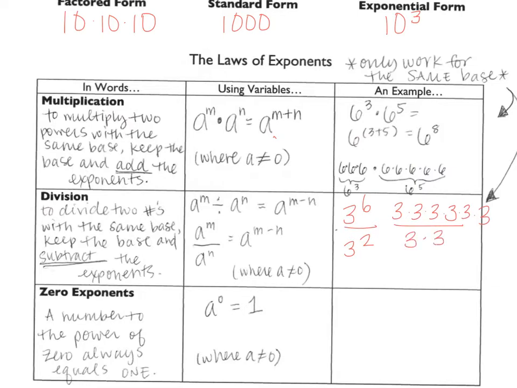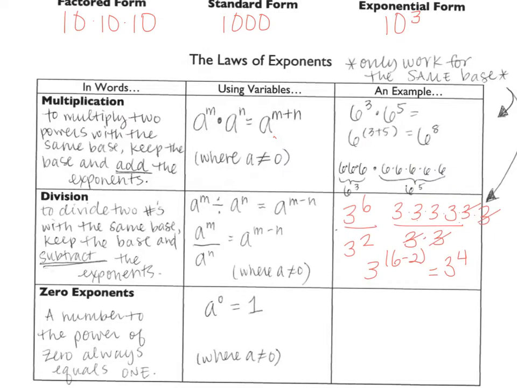So basically what you're doing is you're just reducing these down. So you're going to have 3 to the 6 minus 2, which is 4. So that's 3 to the 4th power.